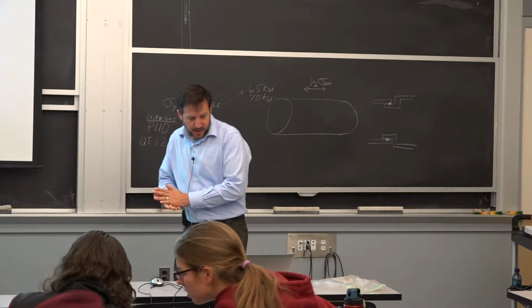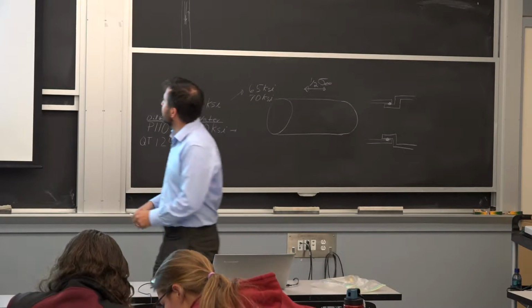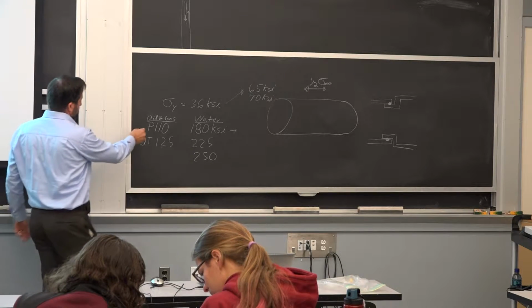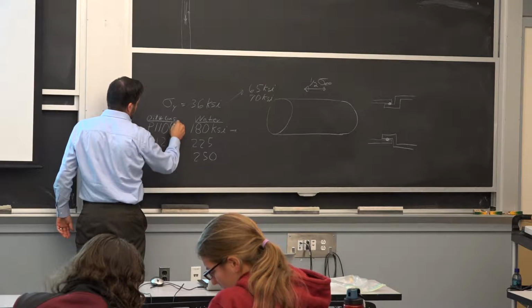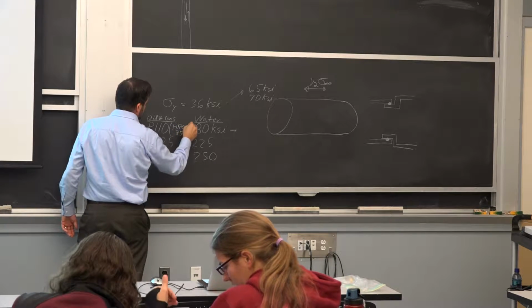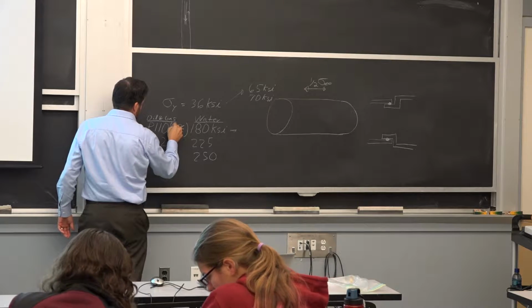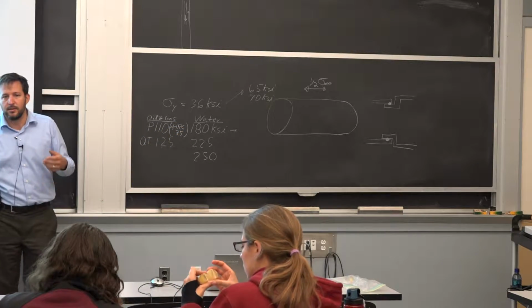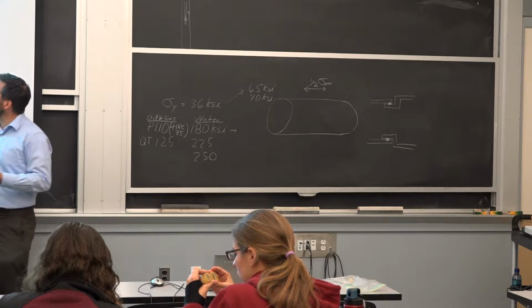So what happens here is interesting. For the P110, I'm just going to say this is HRC 35, approximately. It's kind of the hardest steel you can have that is still not susceptible to the environment.